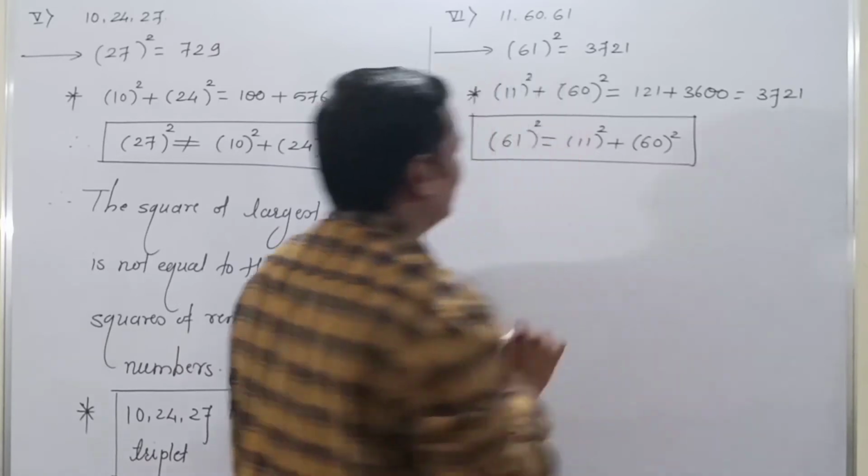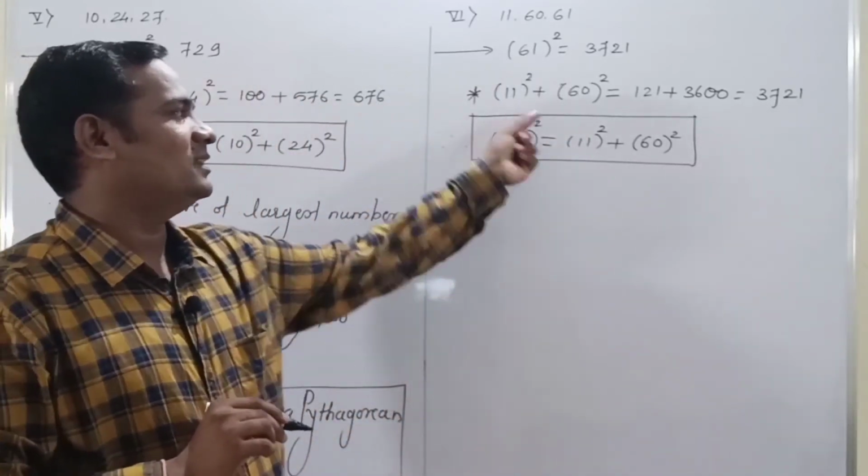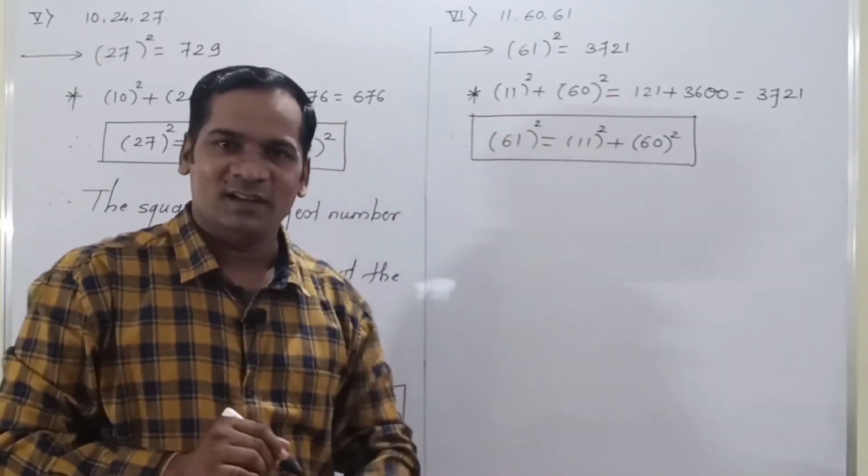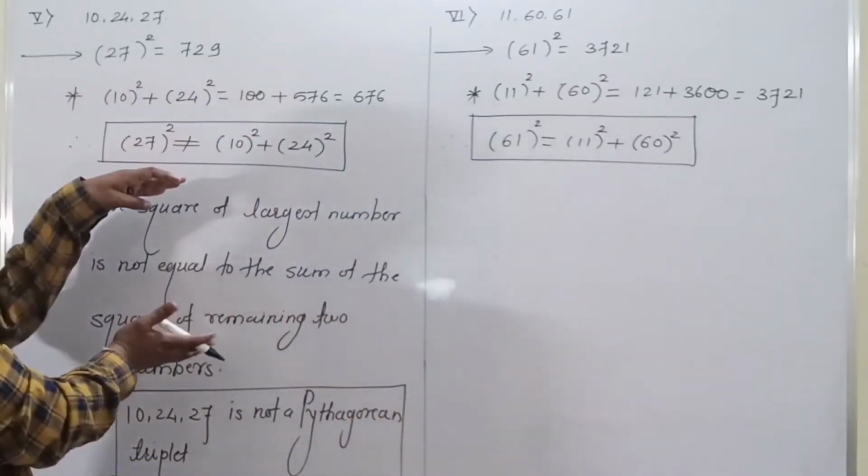Okay. Square of the largest number is equal to the sum of the squares of remaining two numbers. Again, like this we will write here.